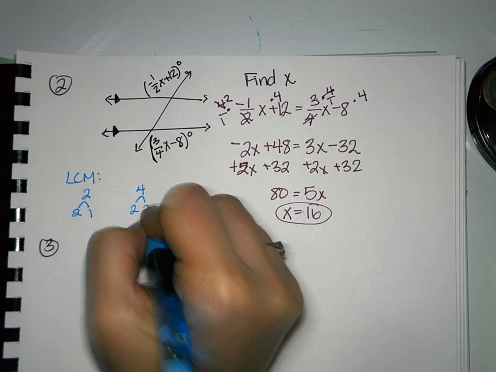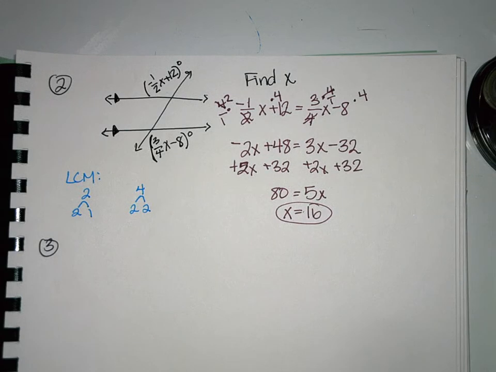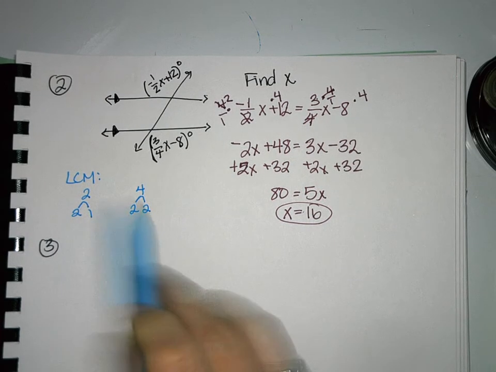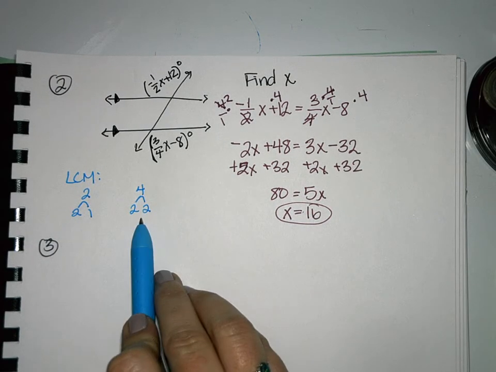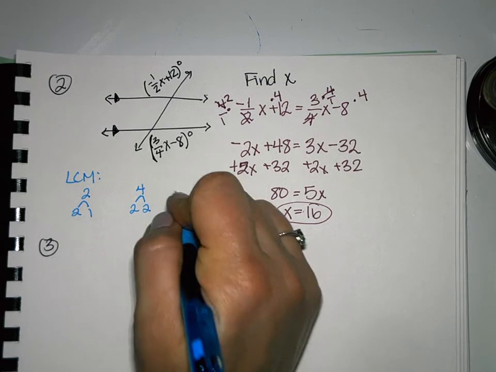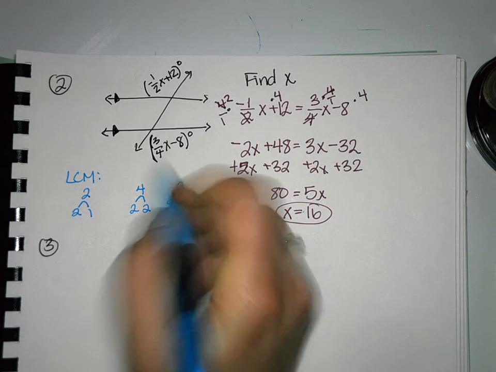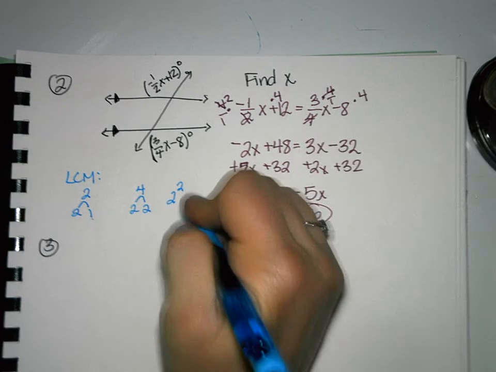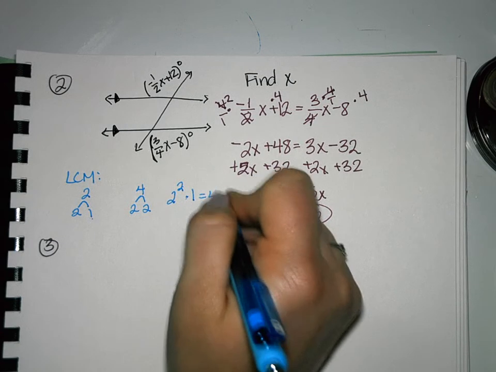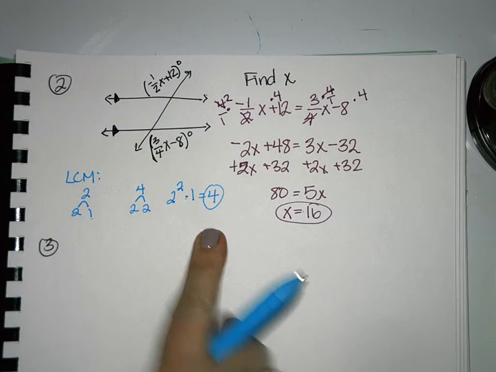You're going to take the highest number of each factor. See how 2 has a 2 and a 1? Well, this one over here has 2 2's. So I'm going to take the higher amount. So I'm going to take 2 2's, and then I have the 1 times 1. What is 2 squared times 1? 4. That's the number I'm going to multiply by.